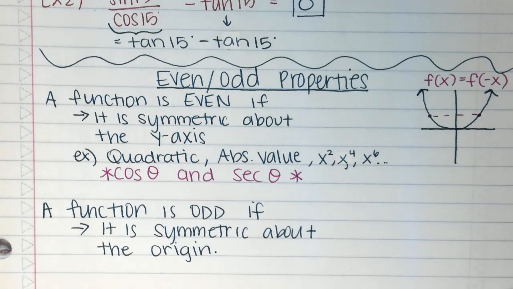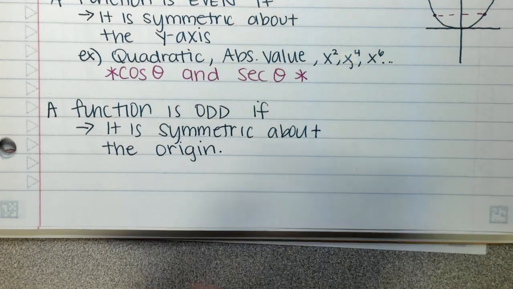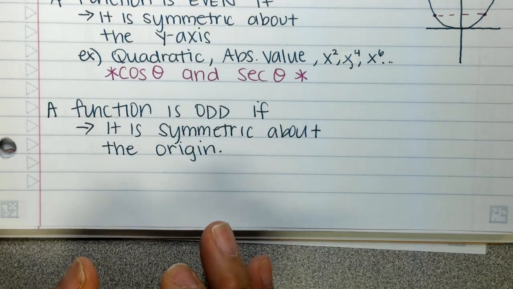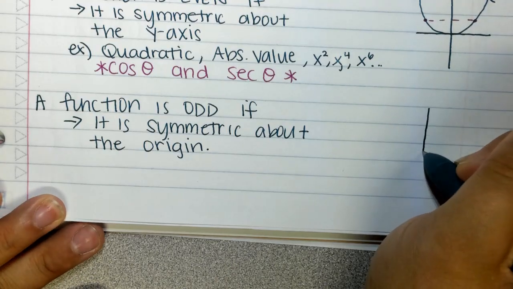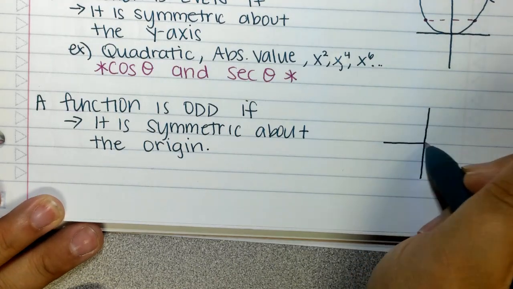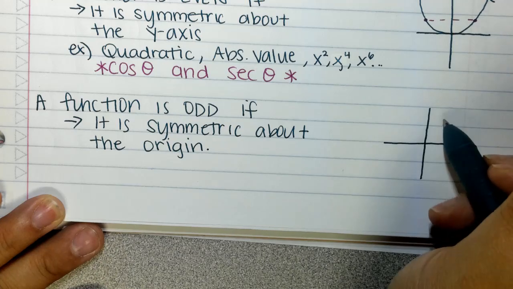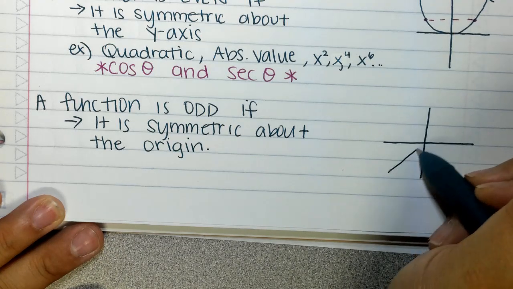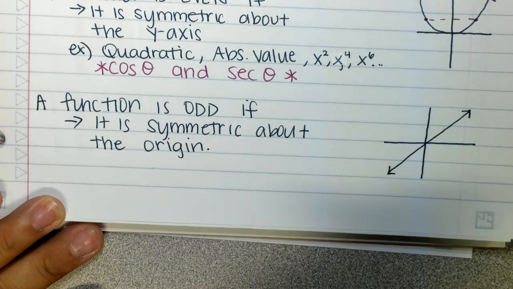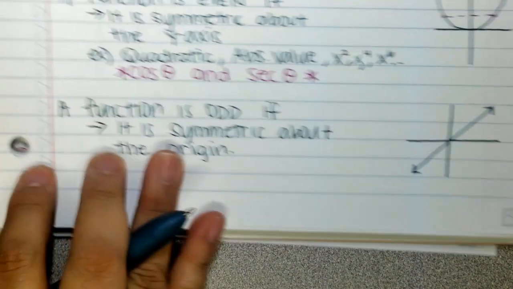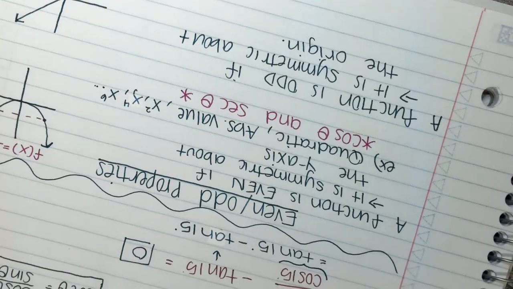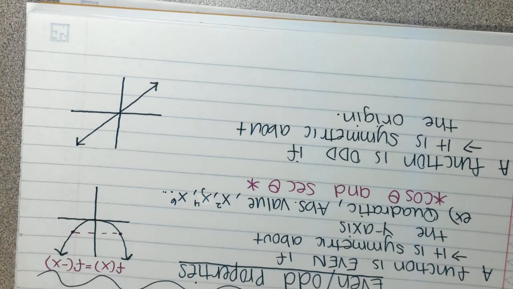Meaning if I rotate it 180 degrees, it will be the same picture. For instance, I'm going to draw a line, y equals x. Do you agree if I turn my paper 180 degrees around, isn't that the exact same picture I just had? It's odd.